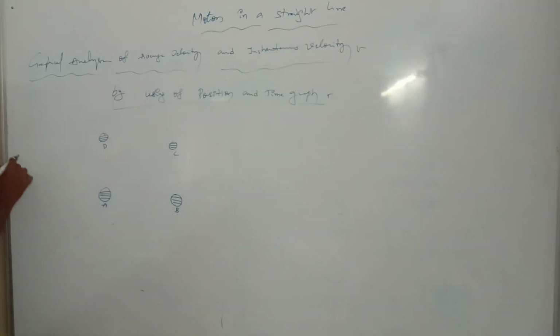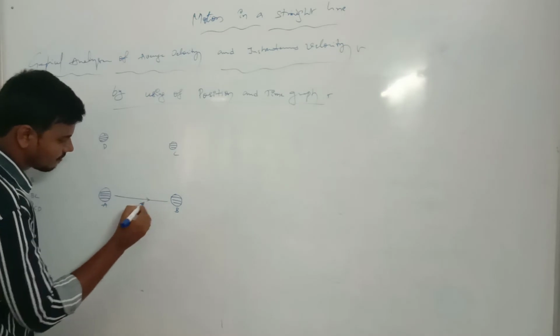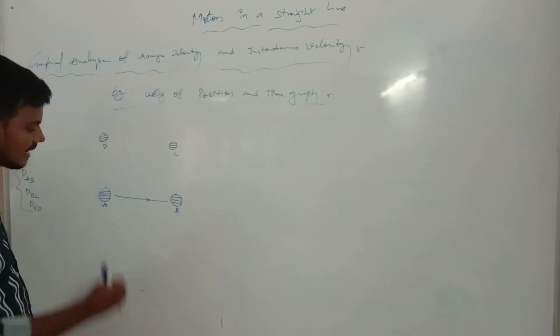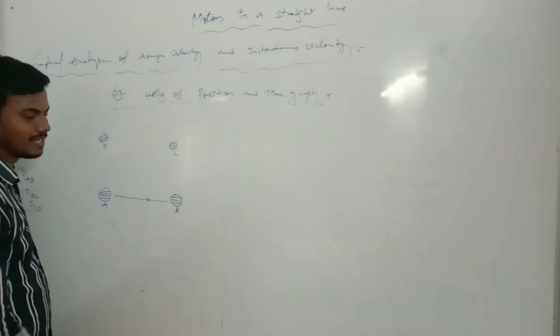The first one we take is the displacement or distance. Displacements are also taken as the displacement of AB, of BC, of CD. There are 3 displacements across positions A to D. We consider the displacement when an object moves from position A to position B.